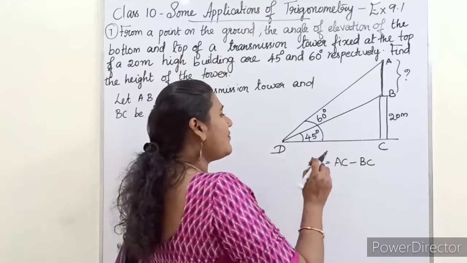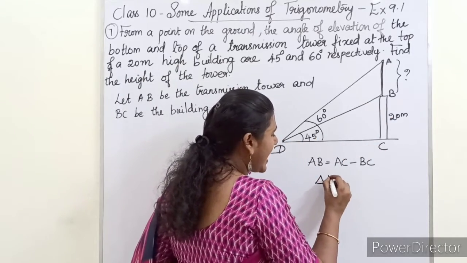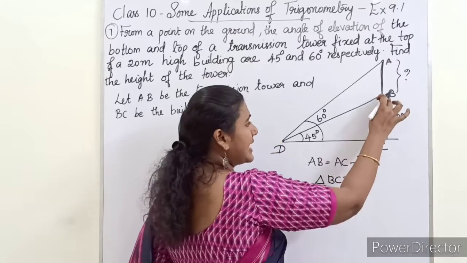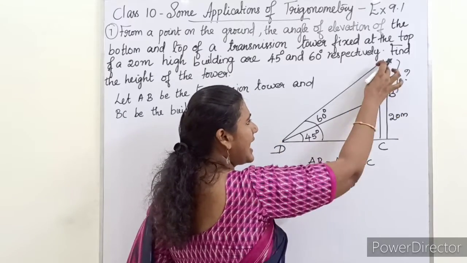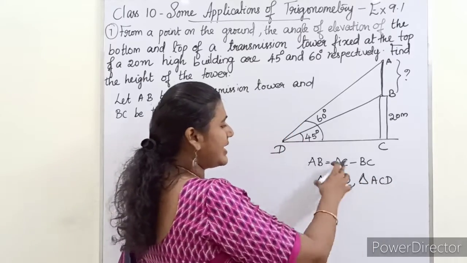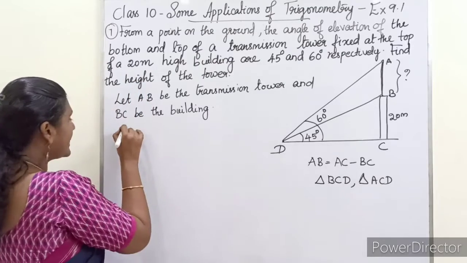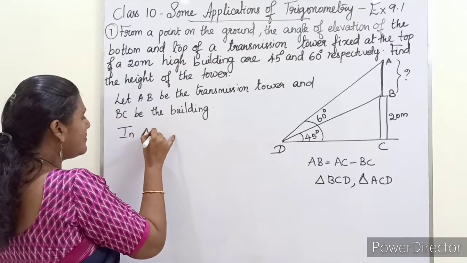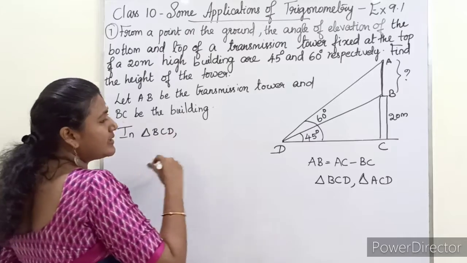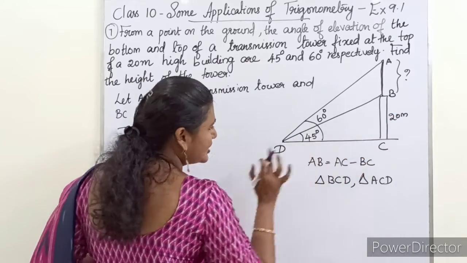So for that, first we will consider the right angled triangles. Here we have two right angled triangles, BCD and ACD. These two triangles we will consider and we will find out the AC value. In the first triangle, triangle BCD, with respect to this angle, this is the opposite side and this side is the adjacent side.